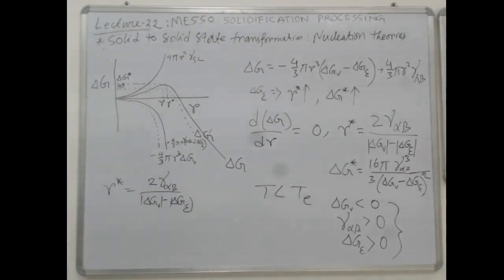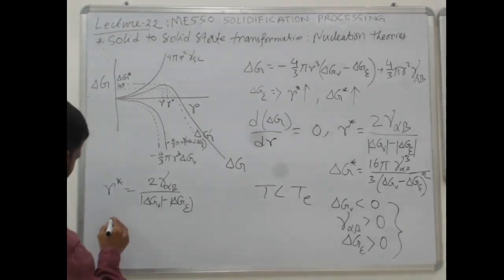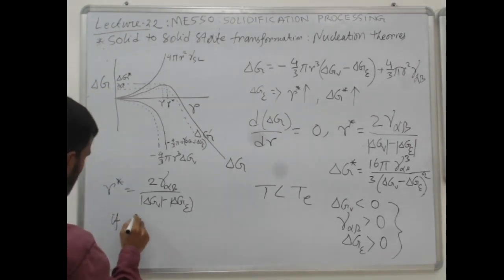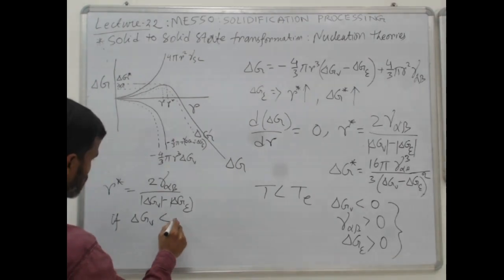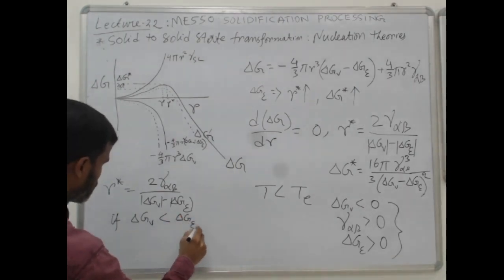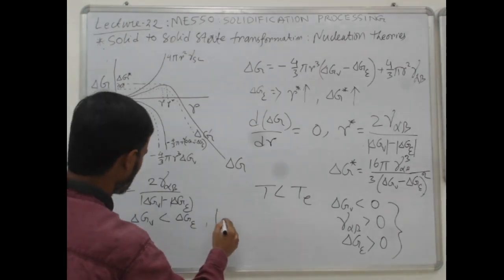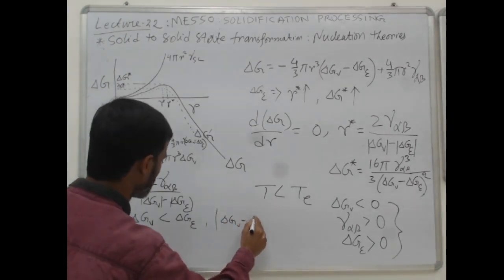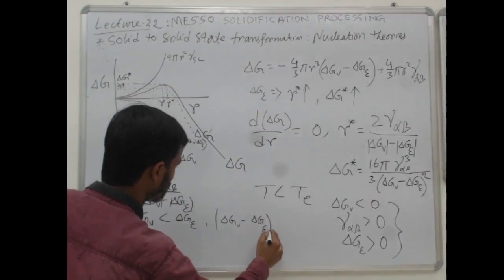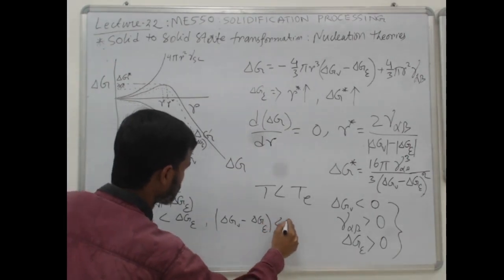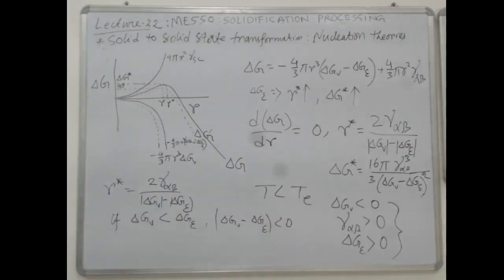So what will happen if delta GV is less than delta GE? Then delta G V minus delta G epsilon will become negative, less than 0.